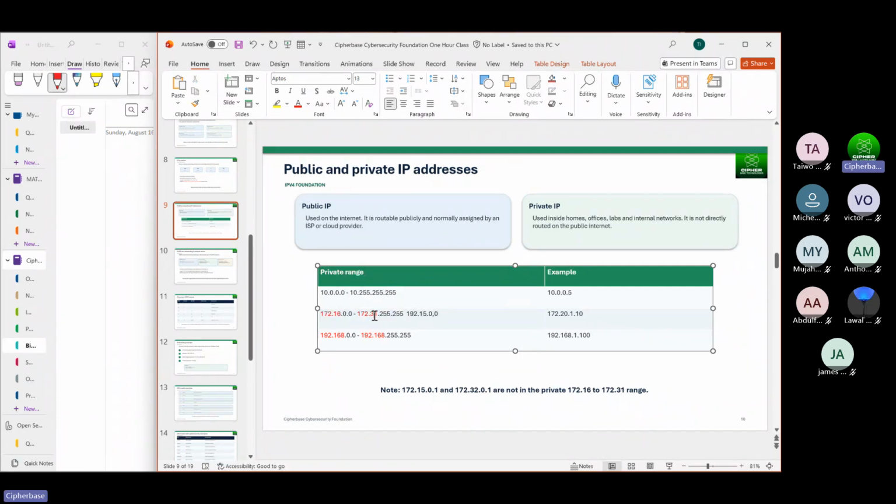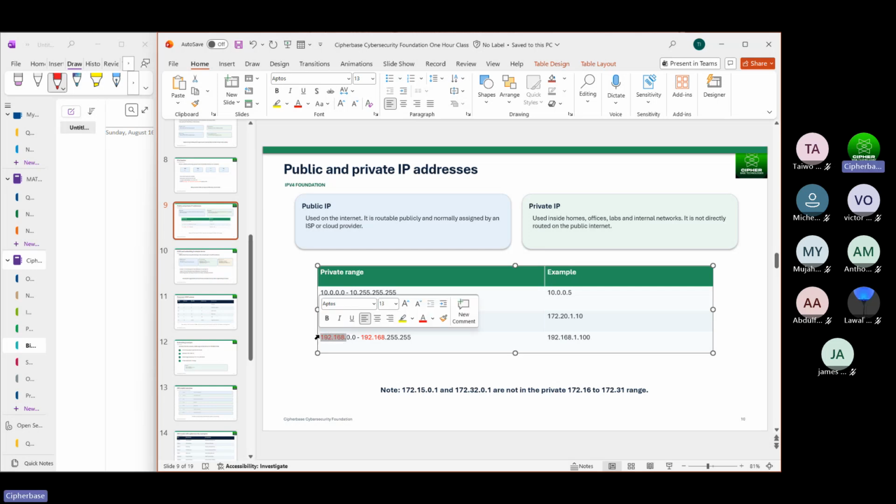But anything you see in this second option that is still 172 dot, assuming we have 172.33, that's a public IP. It's no longer anything above this 31 in this second rule, that's public IP.